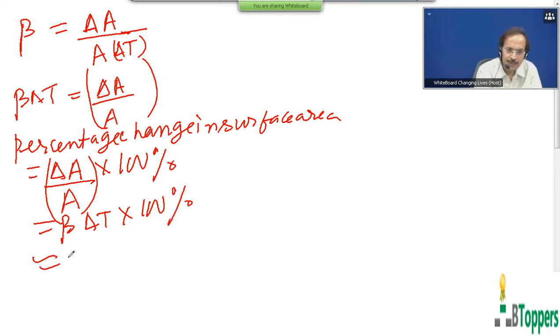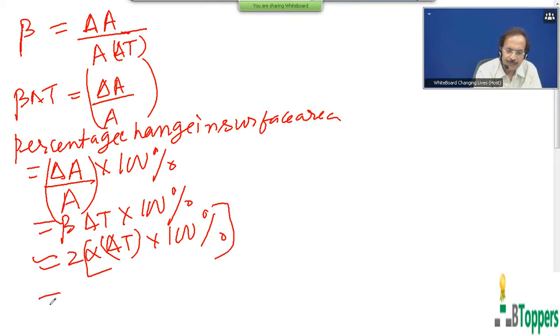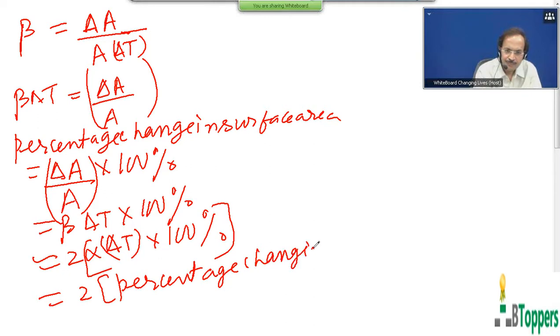So beta can be nearly written as 2 alpha. So the percentage change is 2 alpha into delta T into 100%. You see the percentage change in the area of the solid is twice the percentage change in the length of the solid.